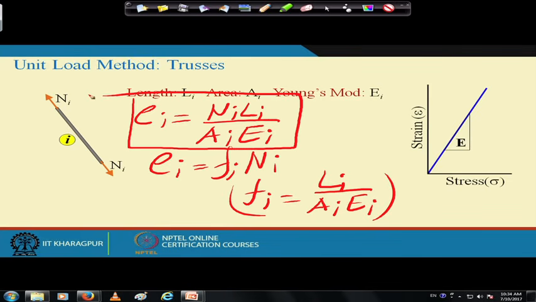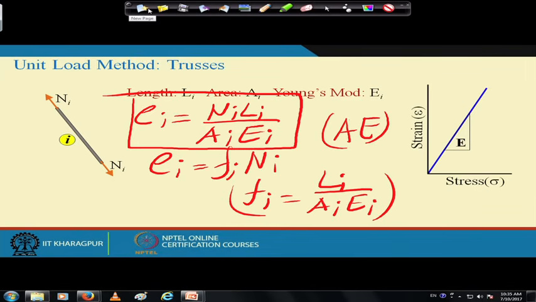In a truss, if the axial force is Ni, then Ai Ei is called axial rigidity. Because you see, if Ai Ei is more, then elongation is less, which means the member is axially rigid. So, axial deformation in the member will be less, that is why Ai Ei is called axial rigidity.